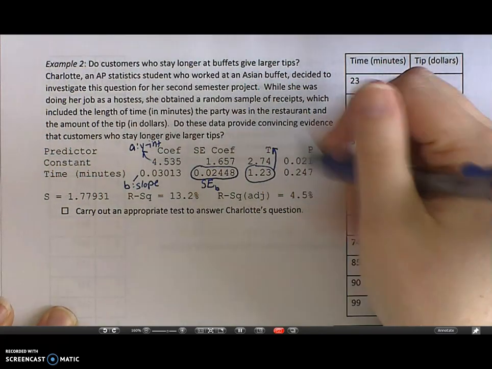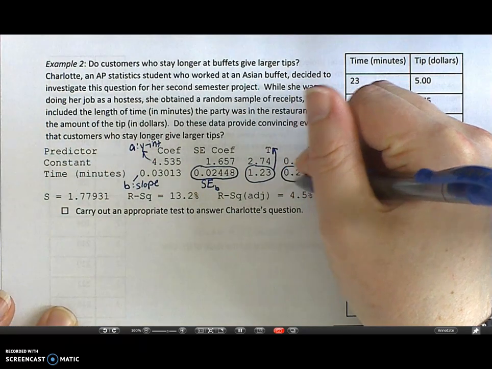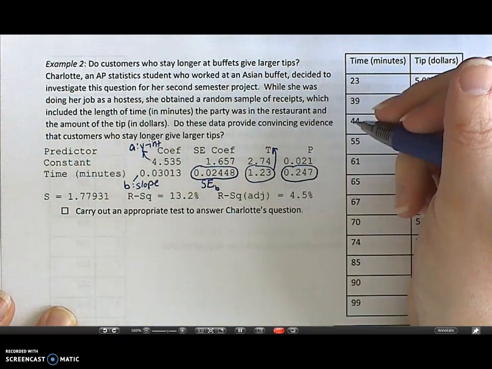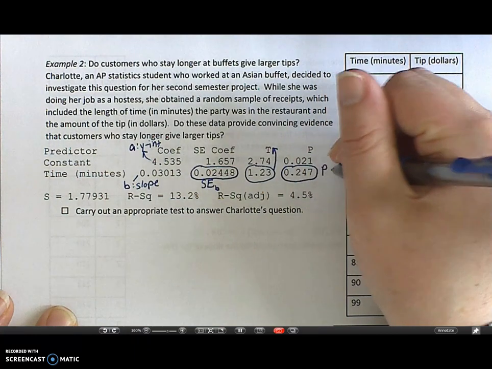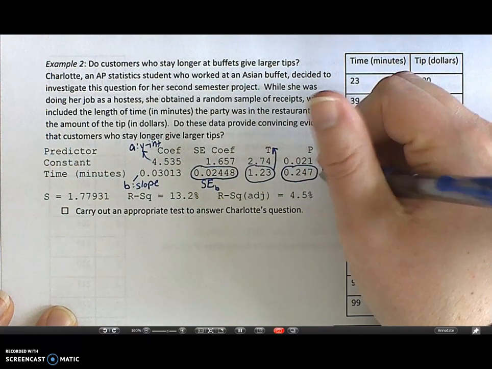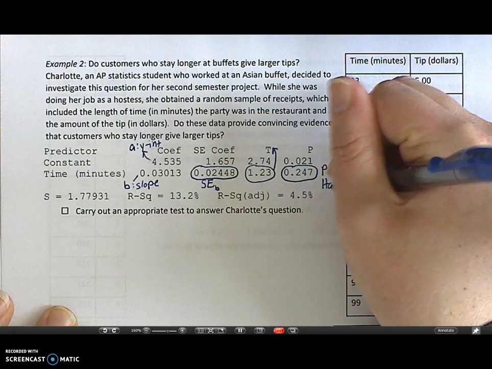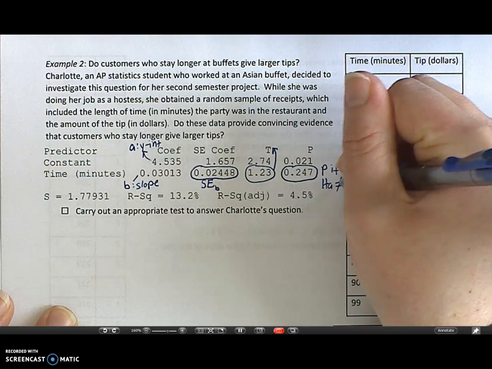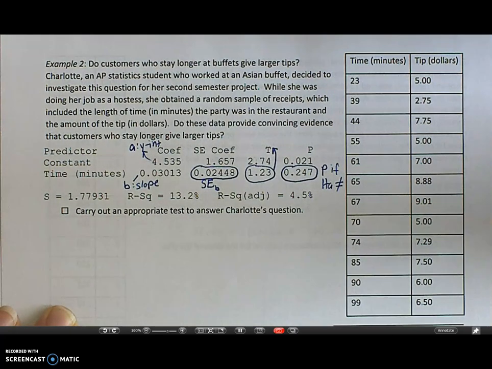And this P value right here is going to be the P value if our alternative hypothesis is a not equal to situation. So if this was a less than or a greater than, we would just have to cut that in half. So your computer output actually gives you most of the calculation stuff up front.